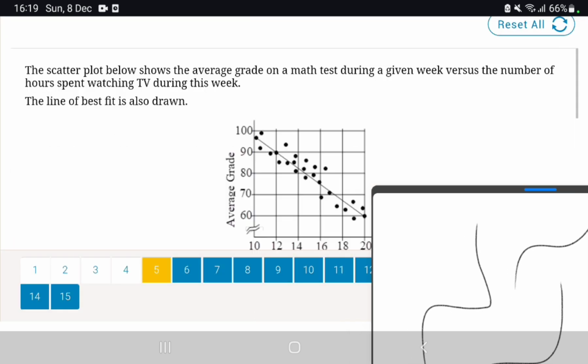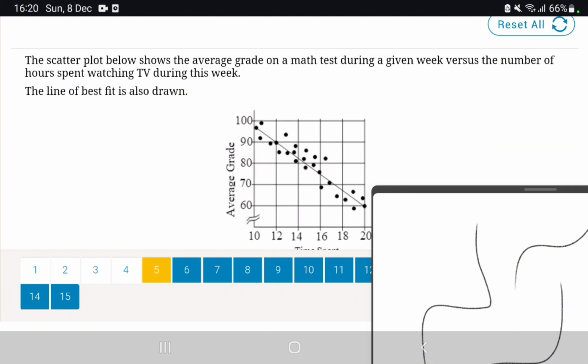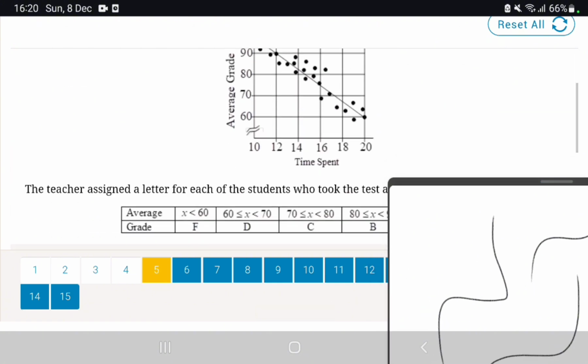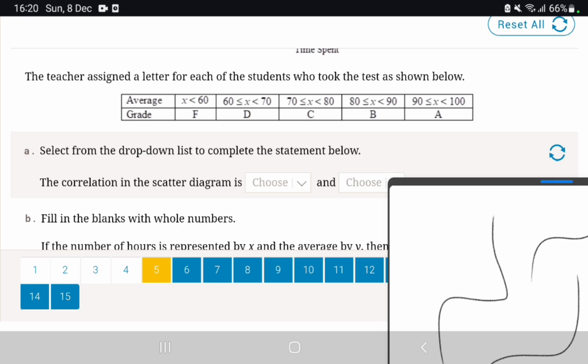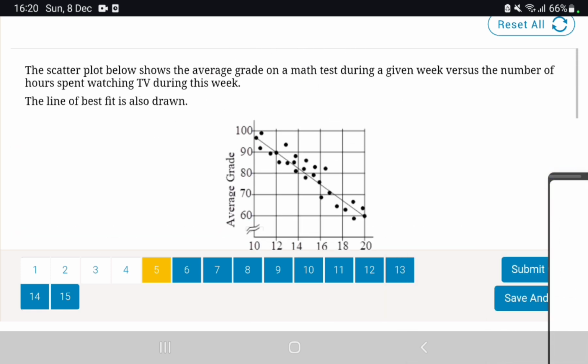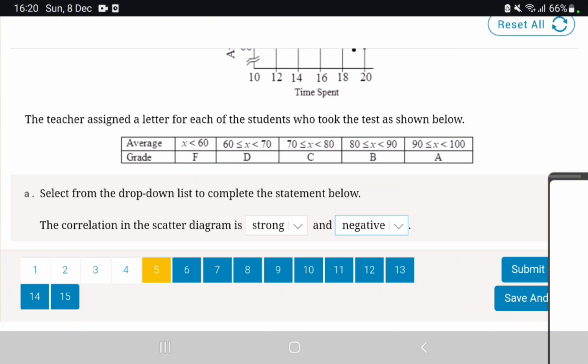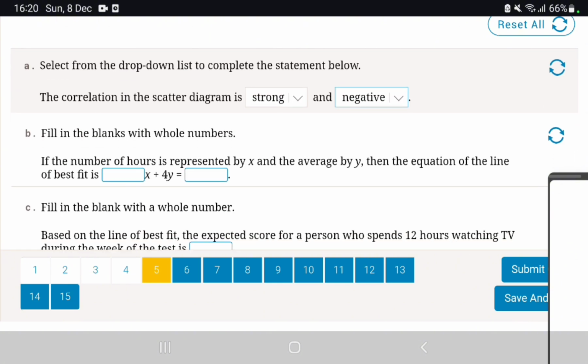For this question in part A, we need to find out if the correlation in the scatter diagram is strong because it's a clear straight line and it's negative because it's going downwards.